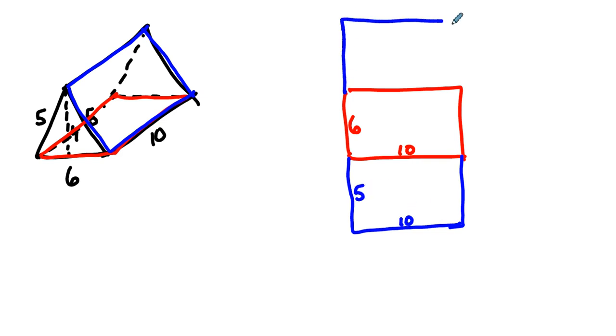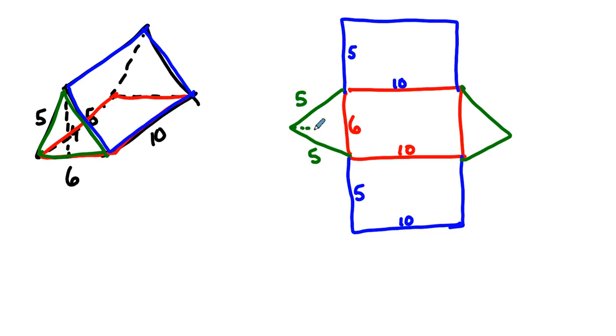And it's also up here. So then you got this triangle here, and it's on the other side also. And that triangle has 5s here, but a 4 there, right?